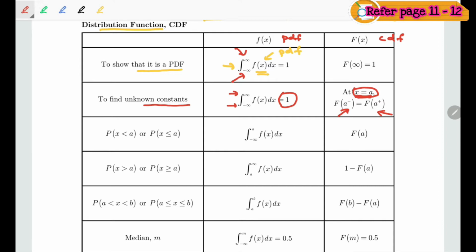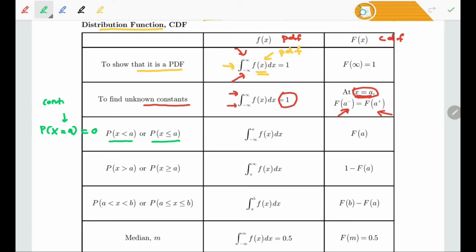Okay, and then continue with finding the probability. If the question asks to find the probability of X less than a or X less than or equal to a, it's equivalent. In a continuous random variable, these two are equivalent since P(X = a) equals 0.